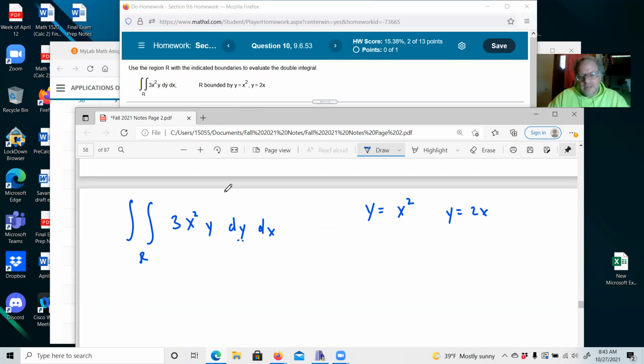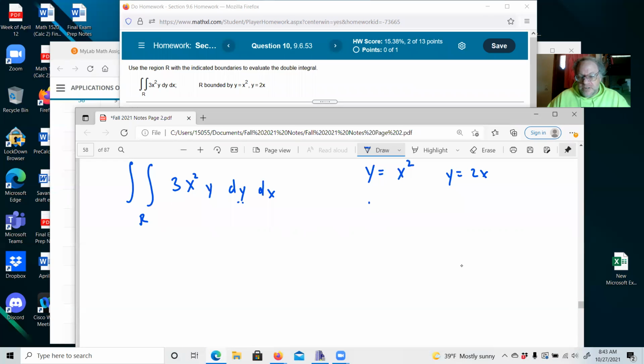So what I want you to do is think about this as an x, y. And what we have to do is figure out where the heck do these things are equal? Where is x squared equal to 2x? Oh, wait a minute. We could do that.